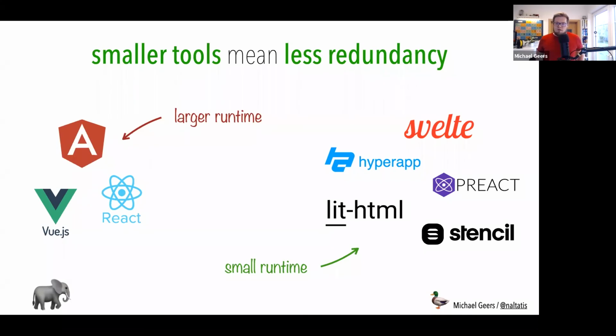If you're using tools that don't have a large footprint, then the redundancy resulting from this decoupling also becomes negligible. In the Klingel group project, for example, we are using Preact and HyperApp, very small libraries that add just a little bit of runtime and JavaScript to the actual page.